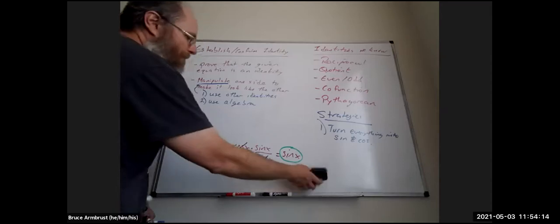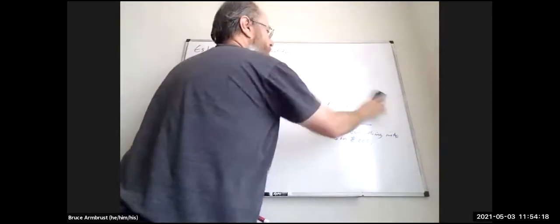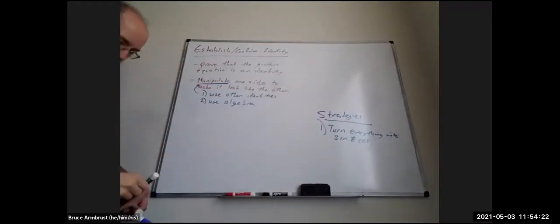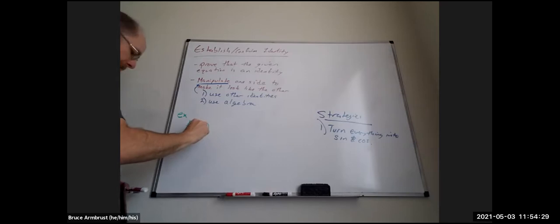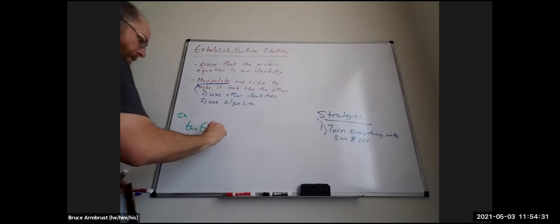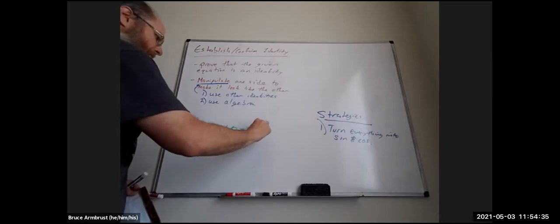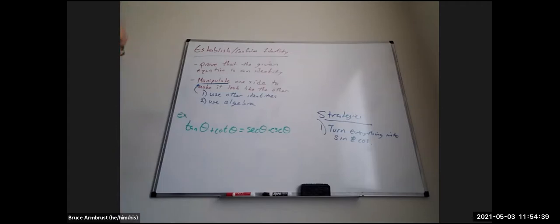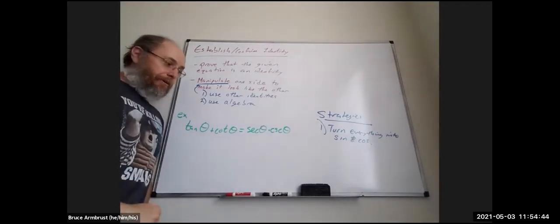So let me show you what I mean. Let's actually do an example of one. I'm going to start it down here and then bring it up to the other side, I think. But let's just say we've got this identity. Tangent of theta plus cotangent of theta equals secant times cosecant. So this is an identity.